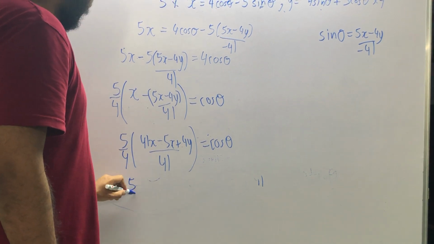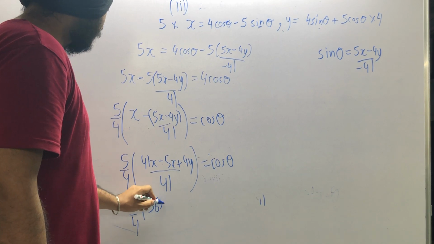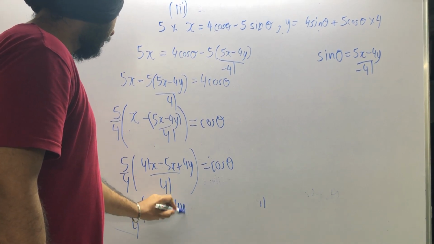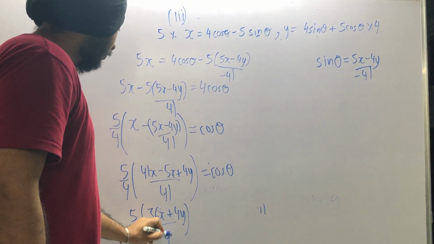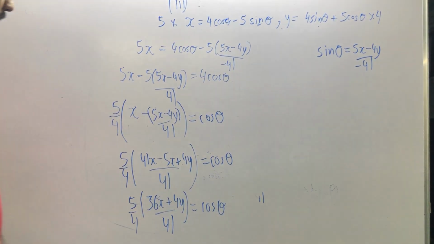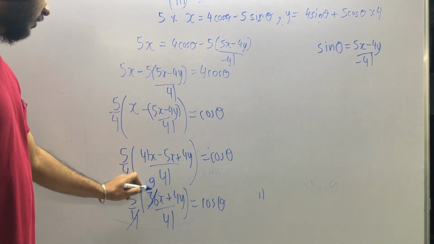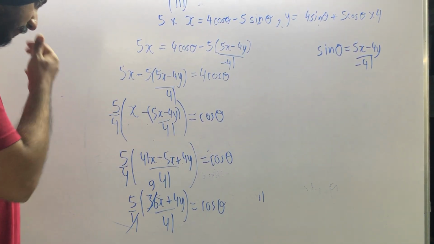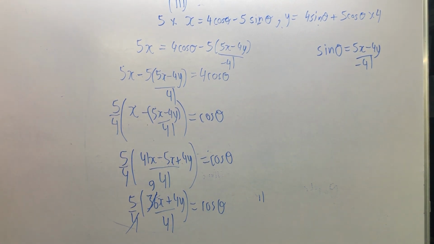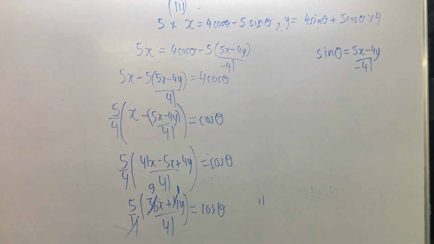So 5 by 4 into (36x plus 4y) upon 41 is equal to cos theta. Now look carefully, 4 cancels 9 and here also you can cancel, it will become 1.